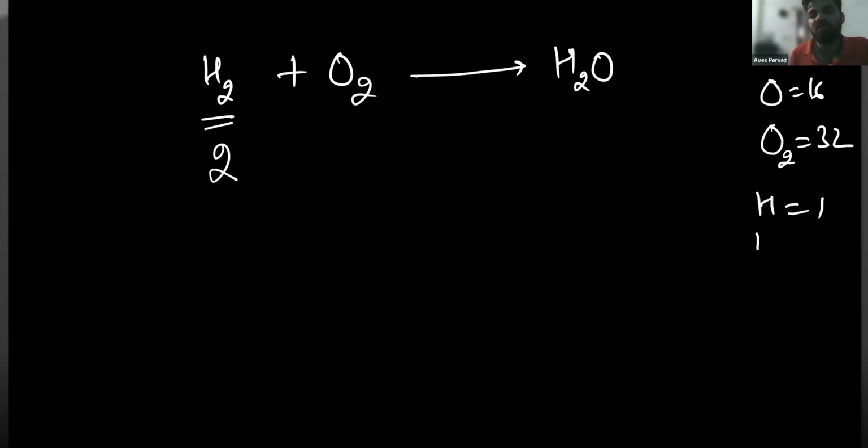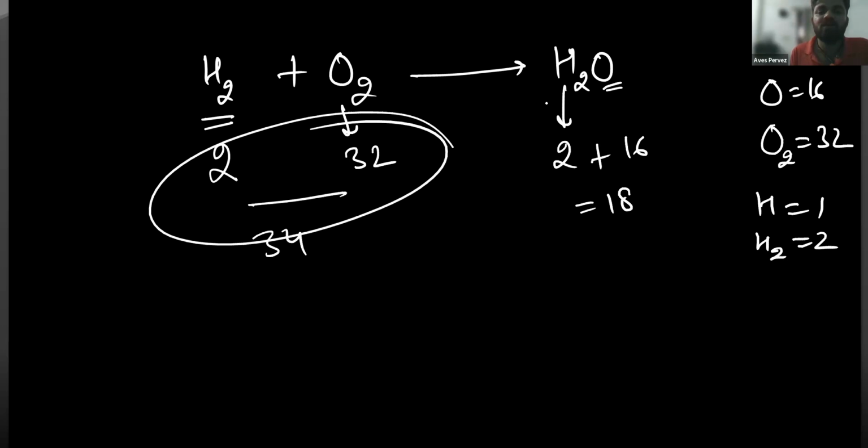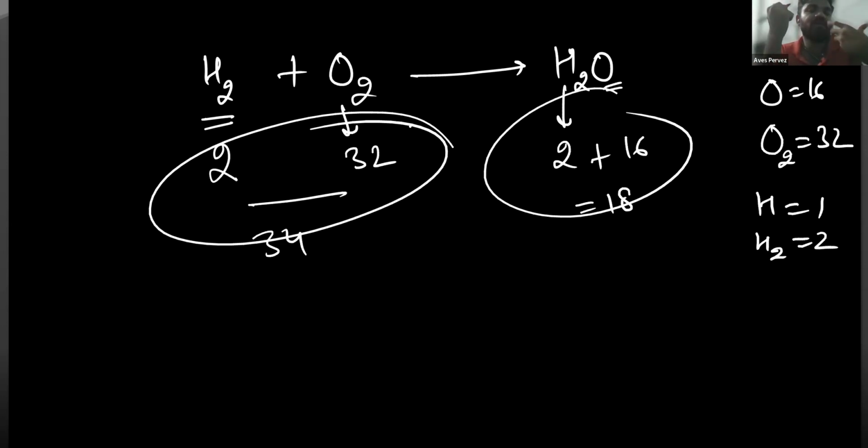So here it is 34. On the product side, 2 hydrogen atoms have total mass 2, and one oxygen atom is 16, so the total is 18. So the total mass of the reactants is not equal to the total mass of the products. According to the law of conservation of mass, the total mass of the reactants must be equal to the total mass of the products.